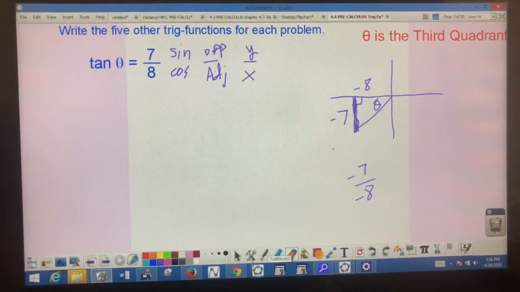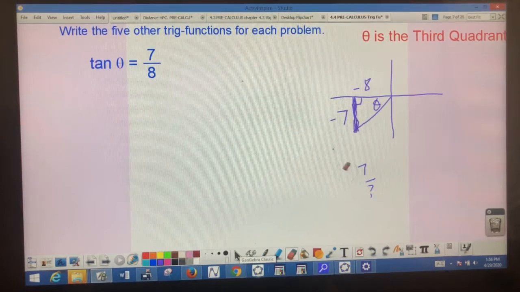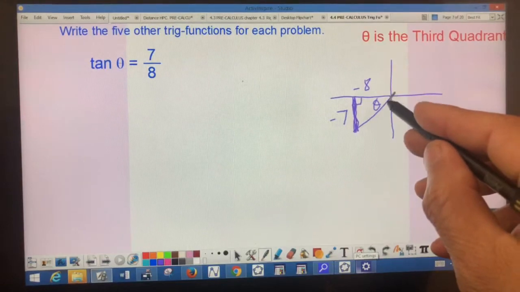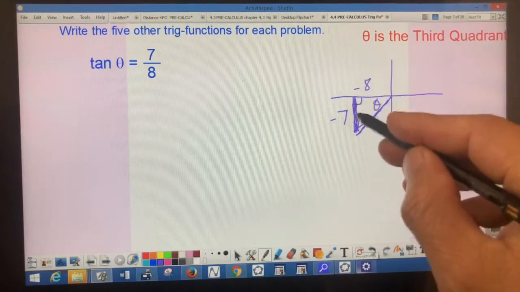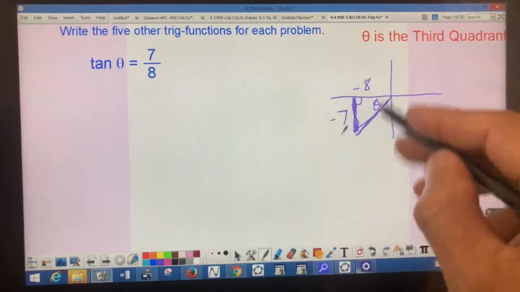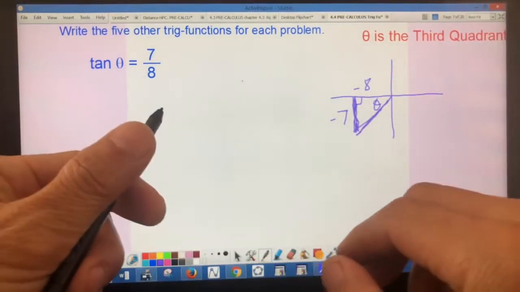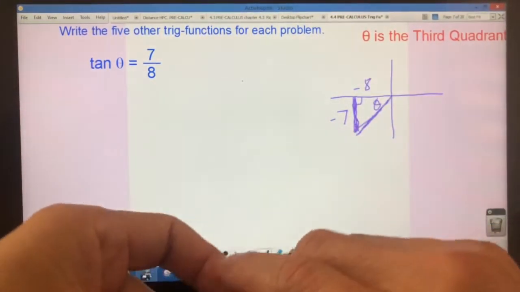Now what is left for us to do before we start naming all these other 5 functions? Well, what's missing? This length is missing. So just leave it there with the negatives, okay? Because when you divide them out, it's going to be positive. Don't erase the negative here.